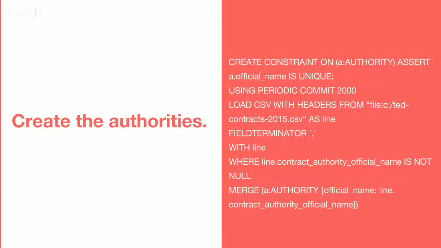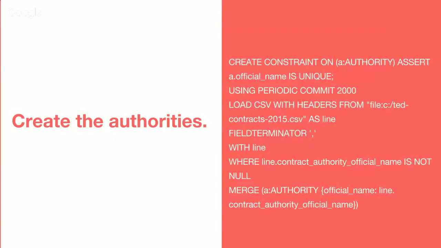So all this code does something very simple, which is to create authorities based on all the contract authority official names which are present in our data. With the same approach, we can, of course, create all the other types of entities. It's just a matter of choosing the right label and choosing the right column for each entity. So that's the first step, which is to create the distinct entities.